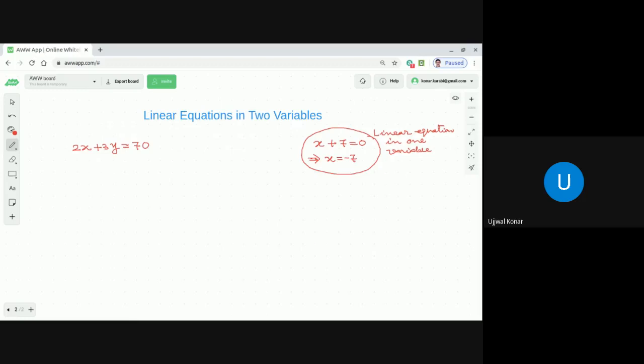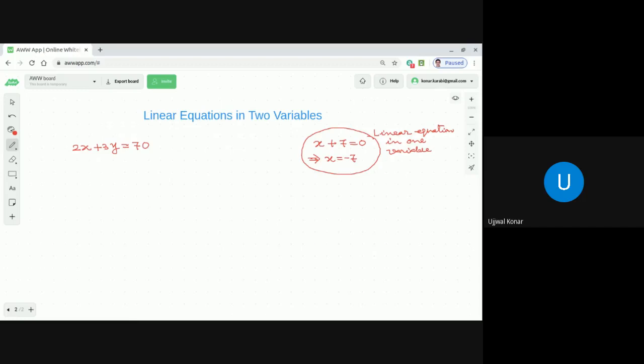Okay, let me give you a practical example. Suppose there are two students. They have given a mathematics examination, and the sum of their marks is 120. So how can we represent that statement, what I just said in English, in terms of a mathematical statement? Let me repeat once more, dear students. Two students appeared in a mathematics examination, and the sum of their marks is 120.